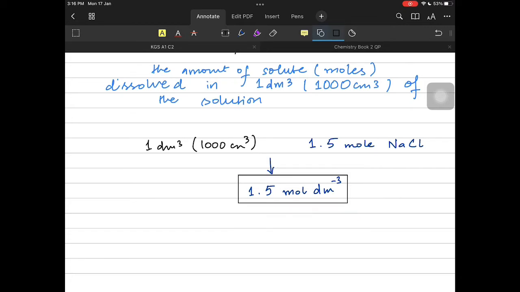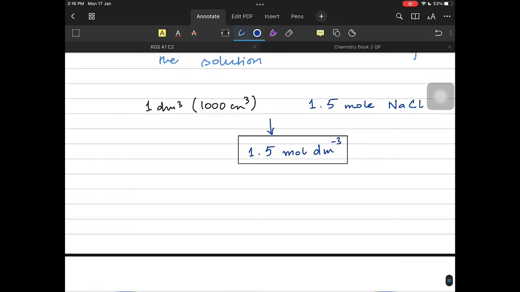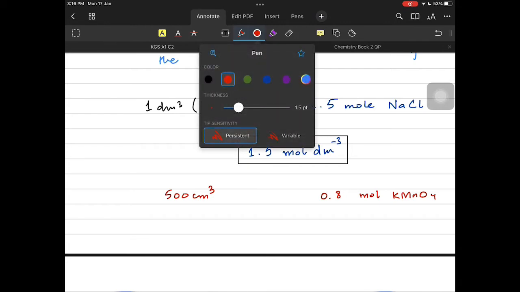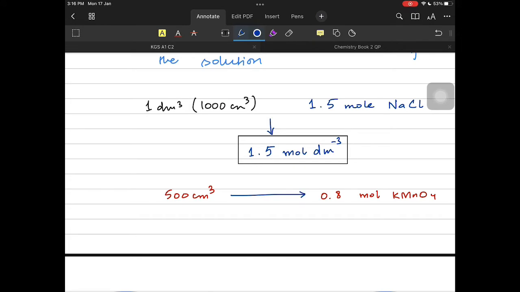Similarly, for example, I talk about some other solution as well. If I say that I have, for example, 500 centimeter cube in some other case, which is not 1 decimeter cube, I have 500 centimeter cube and 0.8 mole of KMnO4 is dissolved over here. Now I cannot quote my answer in 500 centimeter cube. I still have to quote in 1 decimeter cube, or you can say 1000 centimeter cube.